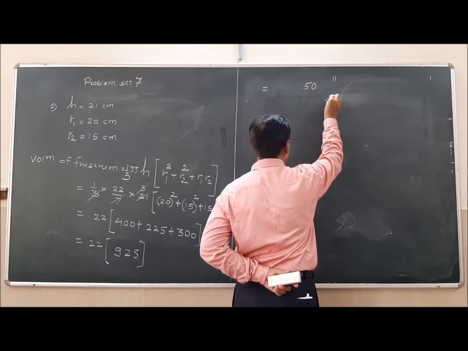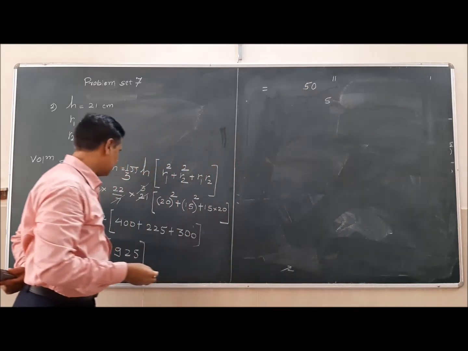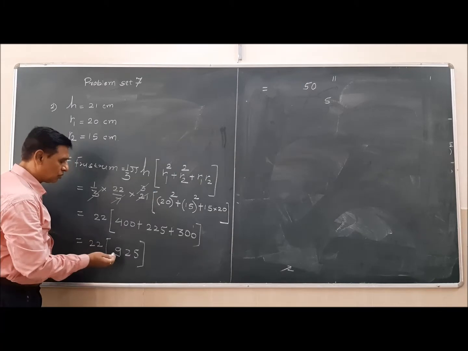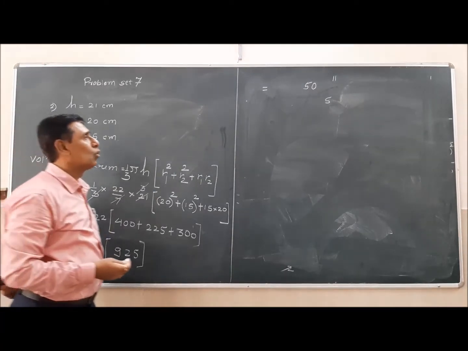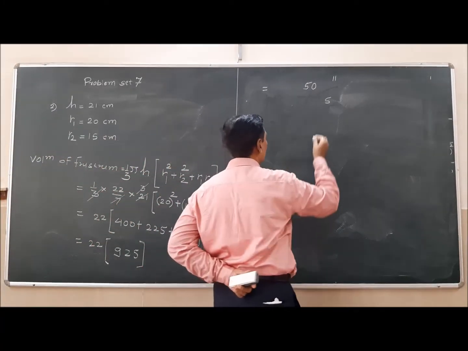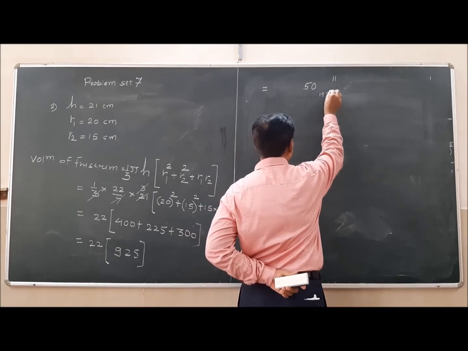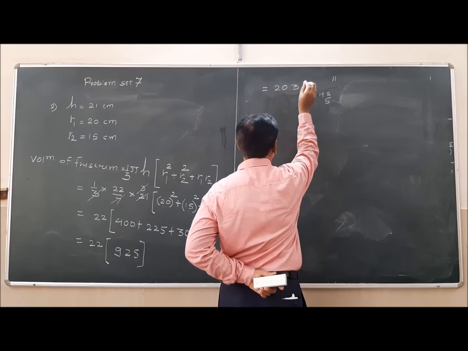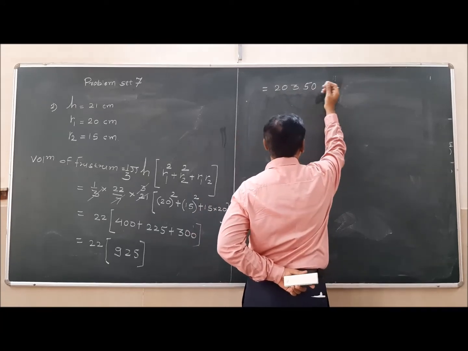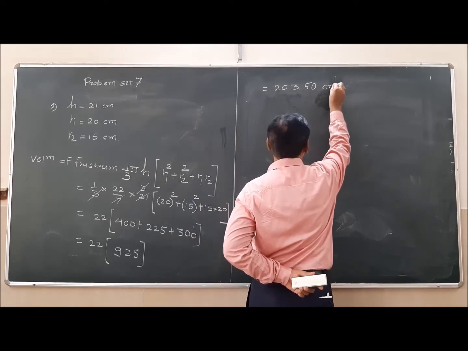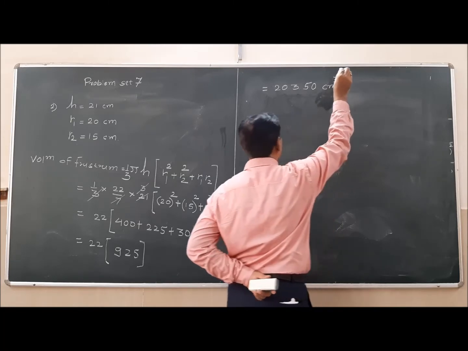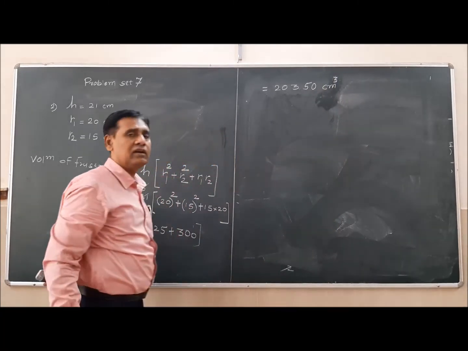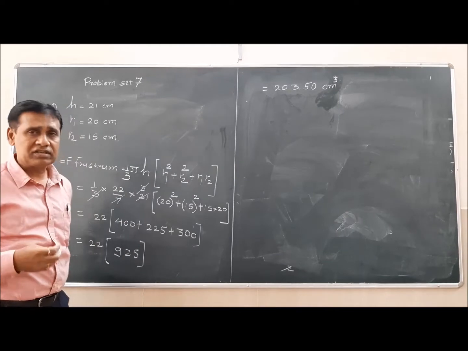So carry 5. Then next to that is 22 9s are 198. So 198 plus 5 is 203. So this is how I got it as 20350 centimeter cube.